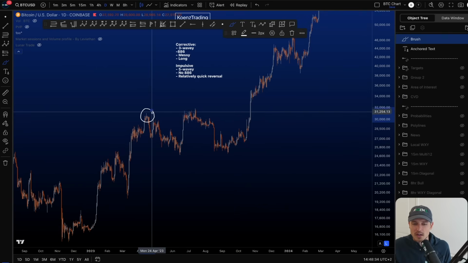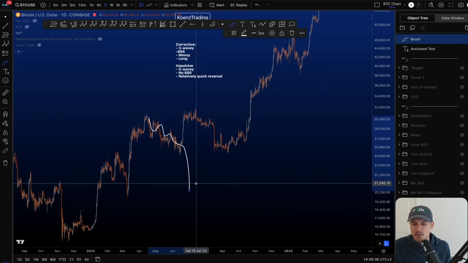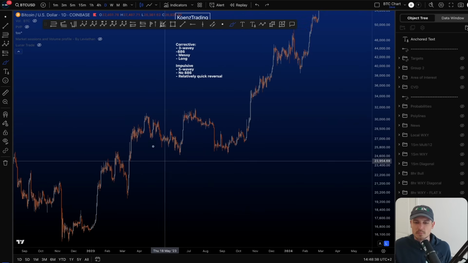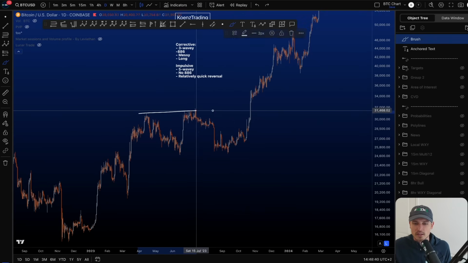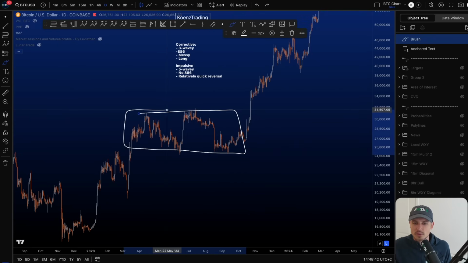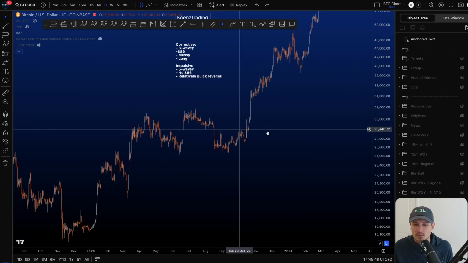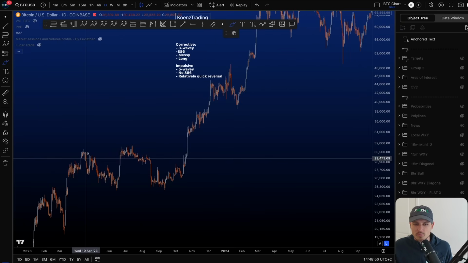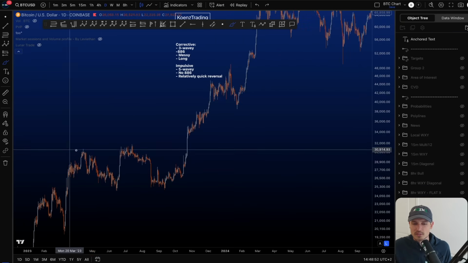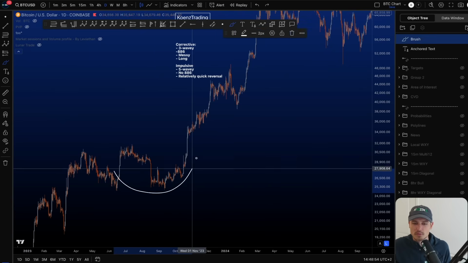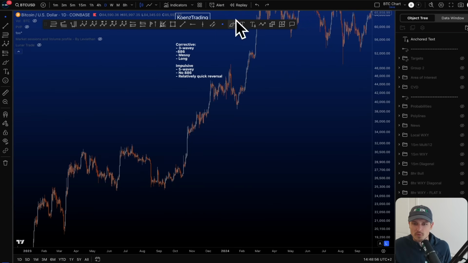It's not like we made a high and then a couple and down we go, right? It doesn't really feel impulsive, and eventually you take out this high, creates a very sideways structure, long in time, very much a corrective move. Besides, it's also eventually a 3-wave structure, right? This move down was also very slow, right? So it's a very sideways structure. Probability is higher to eventually move up.